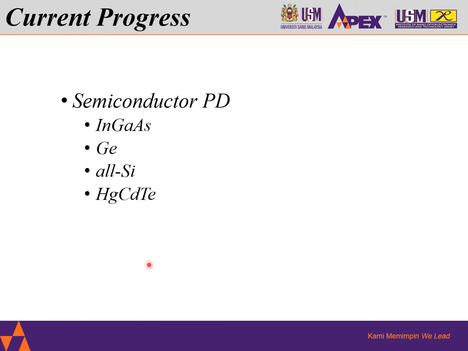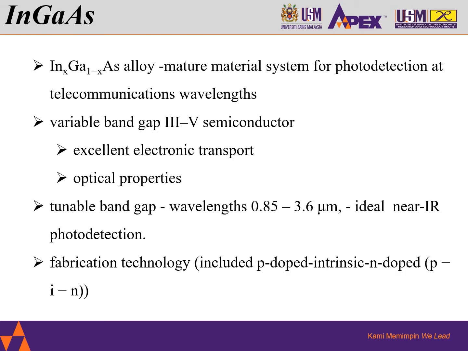For the current progress of semiconductor PDs, we're going to look into PDs of indium gallium arsenide, germanium, silicon, and also mercury cadmium telluride, HgCdTe. Indium gallium arsenide alloy is currently the most mature material system for photodetection at telecommunication wavelengths. Indium gallium arsenide is a III-V semiconductor with a variable bandgap and excellent electronic transport and optical properties.